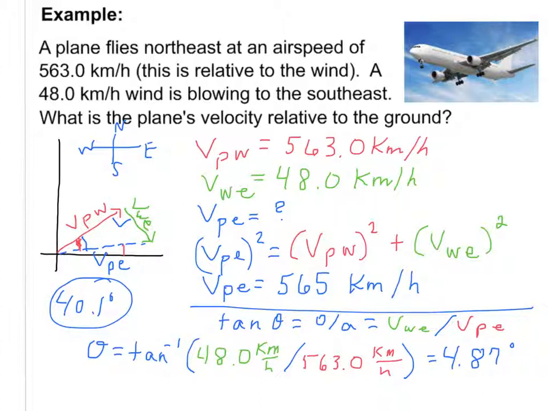So 40.1 degrees would tell us the angle north of east. That's north of east. And that's a more descriptive, a better way of writing it rather than 4.87 degrees east of northeast. But either answer is correct. Finally, just double check, verify, make sure this answer makes sense.